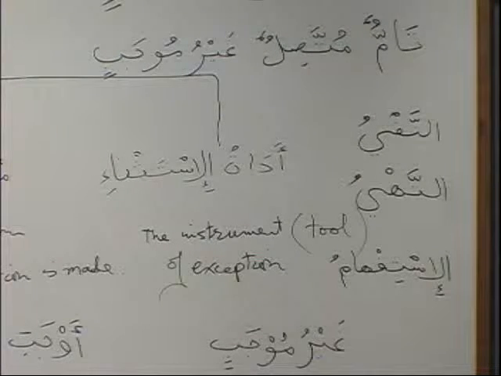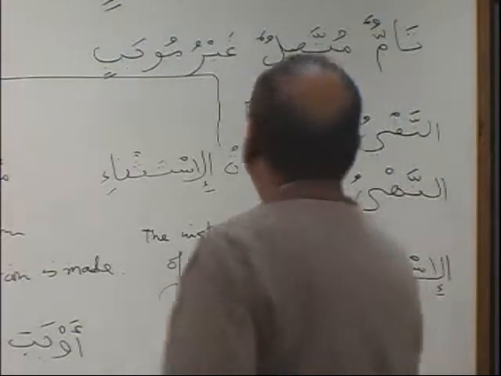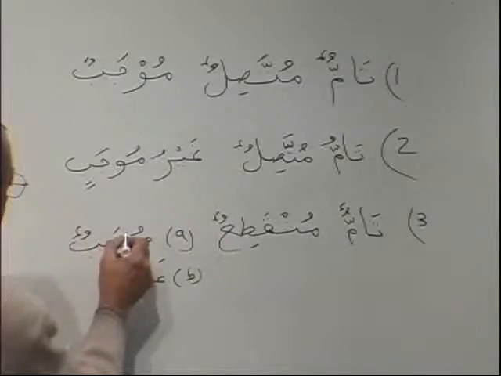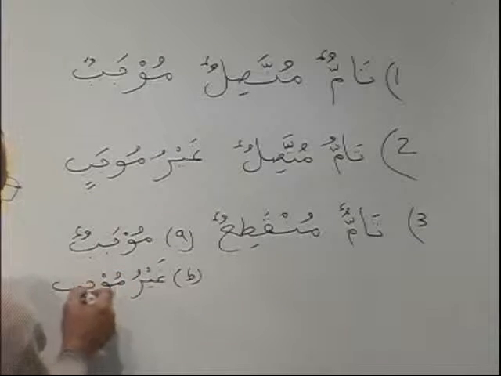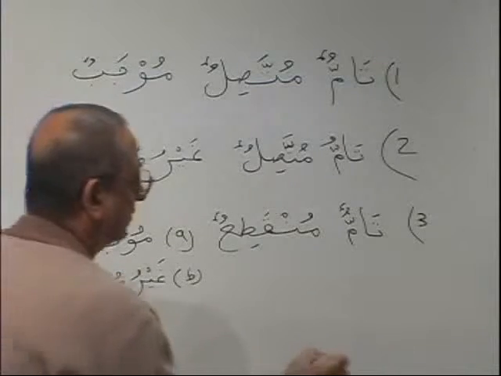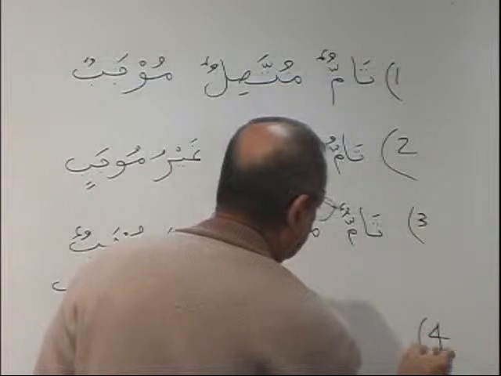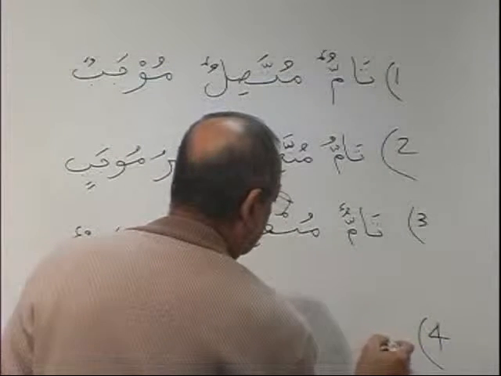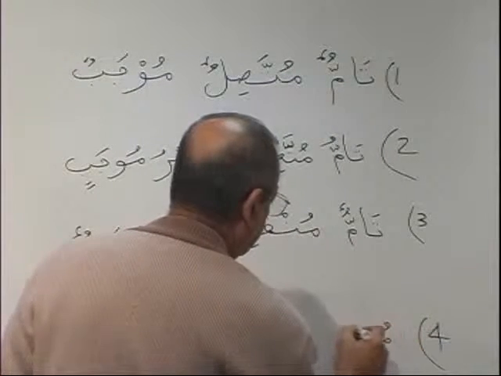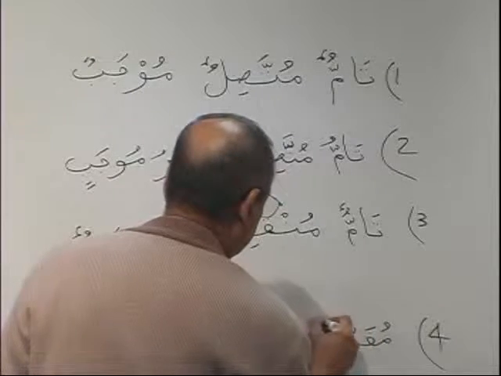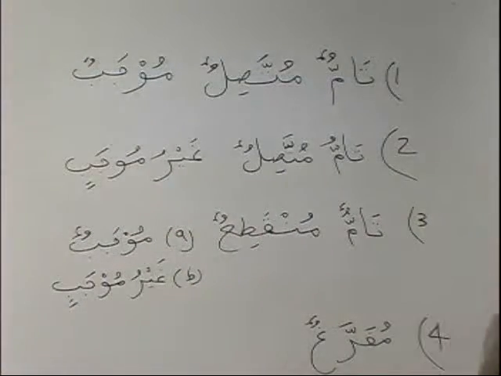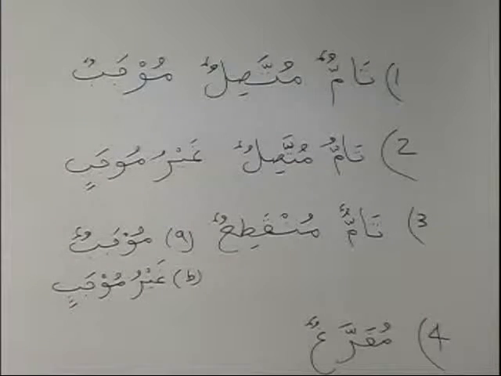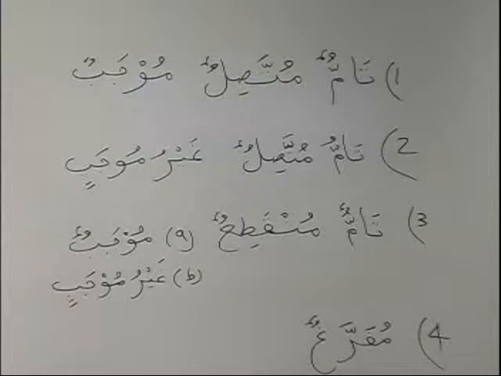Now I want to write down something on the board again. Got the idea, brothers and sisters? I wrote down on the board, there are 4 kinds.